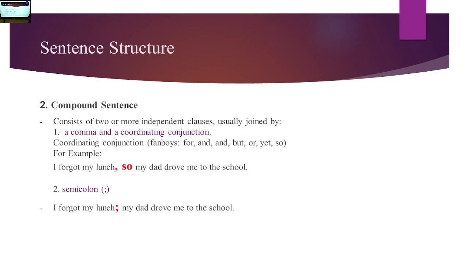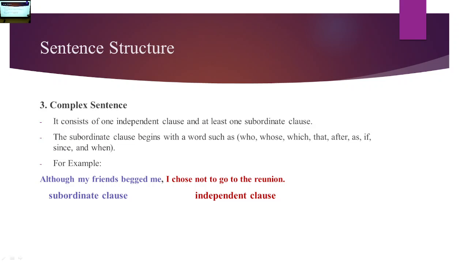So till now, simple sentence and compound sentence, we are dealing with independent clauses, right? We're not dealing with subordinate clauses of any kind. But in the third type of sentences, which is the complex sentence, we will deal with the subordinate clause, which has a subject and a verb but cannot stand alone as a sentence because it doesn't have a complete thought.